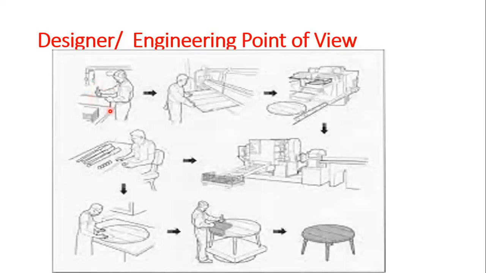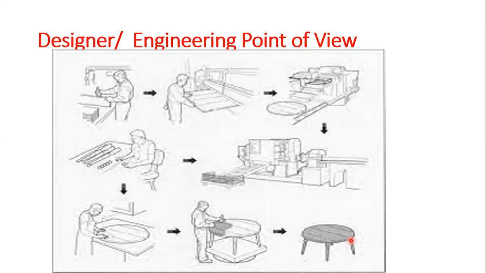First he selects the wood, then planes and cuts the wood, makes the planks, and then gives the round shape to the plank, and then he also cuts the logs and makes the stand, and then after the stand and structure he fixes it with glue and other things, and finally you find a table. This is called the engineer's point of view.